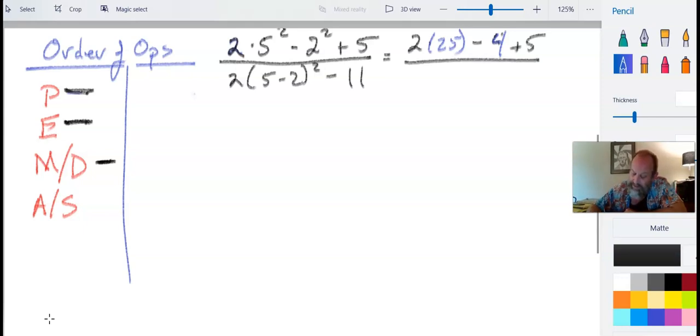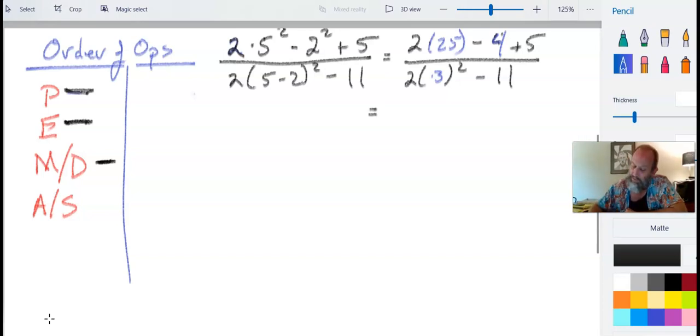Down here, I have an operation inside of the parentheses. So 2 times 5 minus 2 is 3, squared, minus 11. Okay, so we've taken a first step with each, the numerator and the denominator. And so now we'll walk on to the next step.